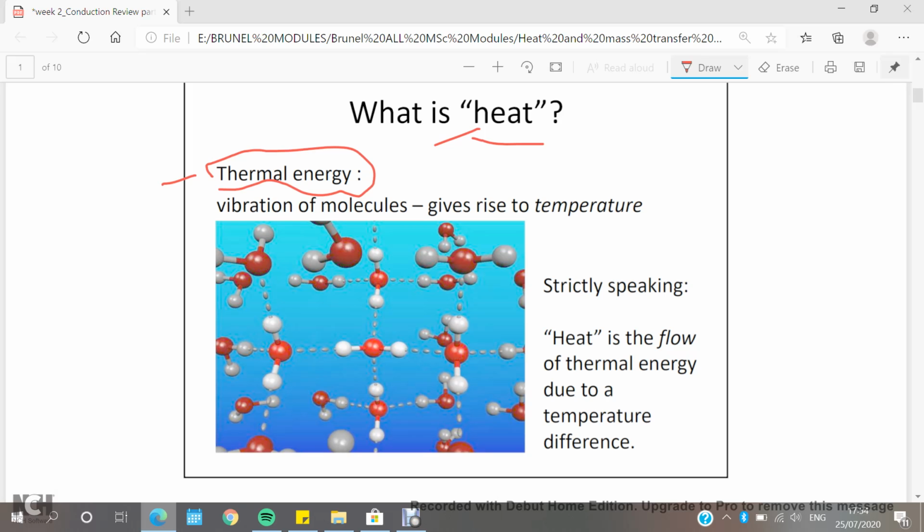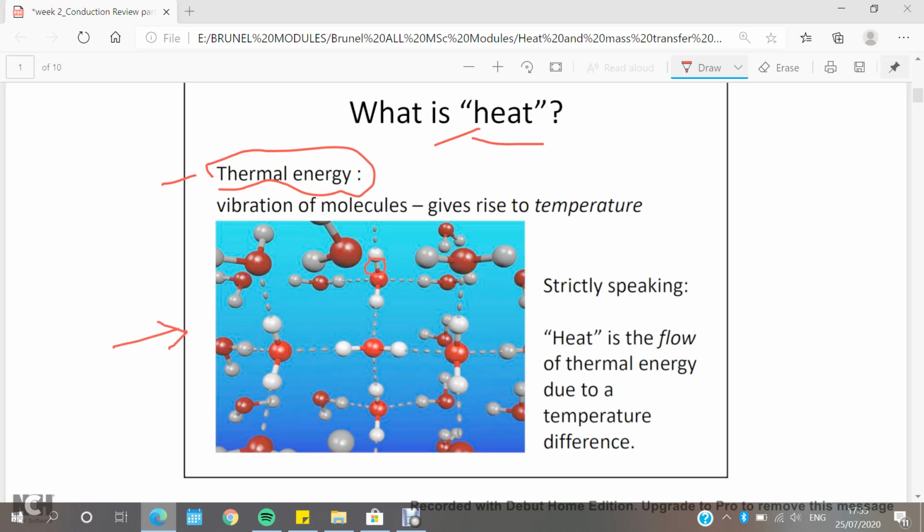Before we start to find the equations regarding conduction heat transfer, I want to explain to you how the molecules are arranged in solids, liquids and gases. In a solid, each molecule has a very small distance to its neighboring molecules, and they are connected together with a very strong bond, which needs a very high external energy to break.